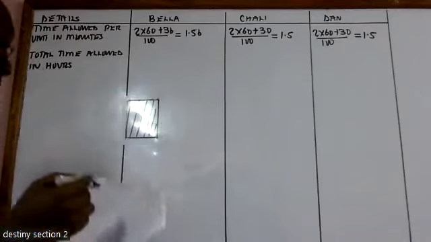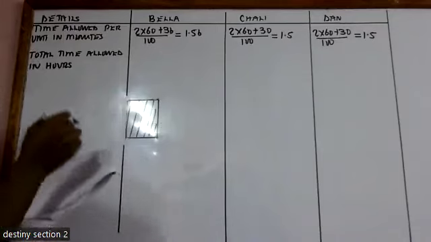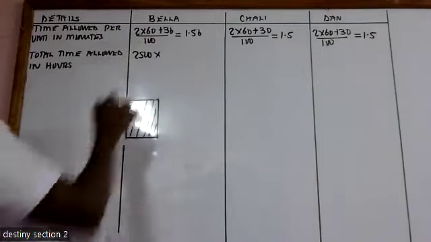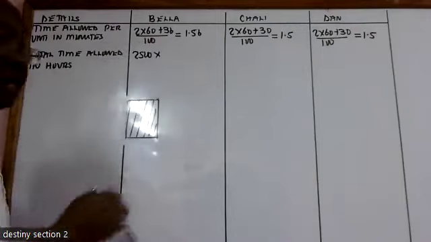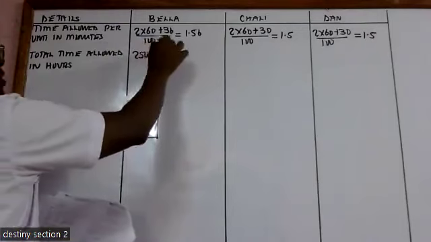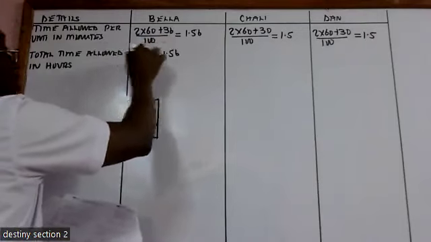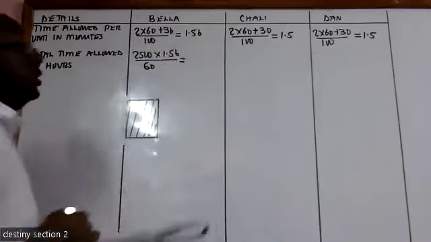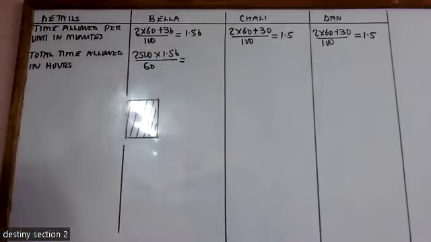So coming to Bera, he produced 2500 units, and each one was allowed 1.56 minutes. So you convert them back to hours by dividing by 60. Tell me how many hours those are.